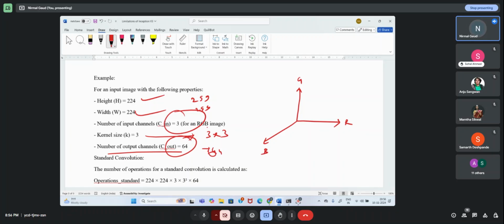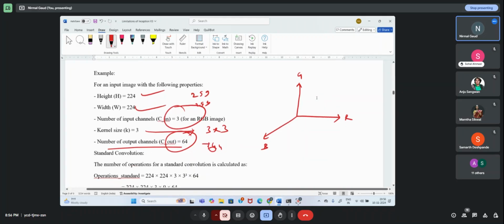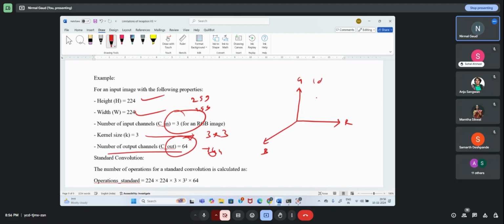So R, G, B, three channels. Now you have a kernel whose size is D cross D. Apply D cross D to each channel.